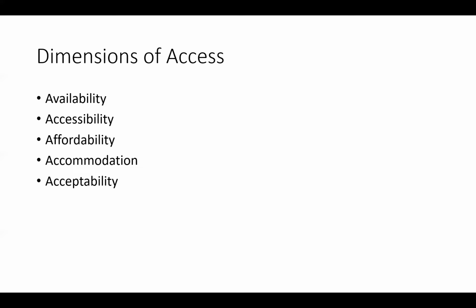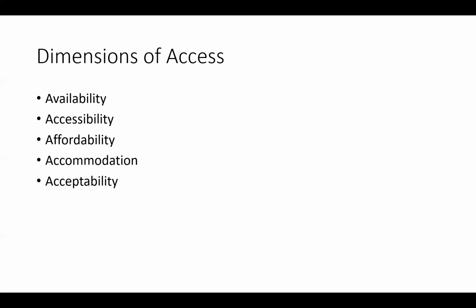And then the last piece, acceptability, goes to cultural match, right? We've talked about this as well. There are cultural components, religious, ethnic, and so forth, where the service is done in a culturally sensitive way.